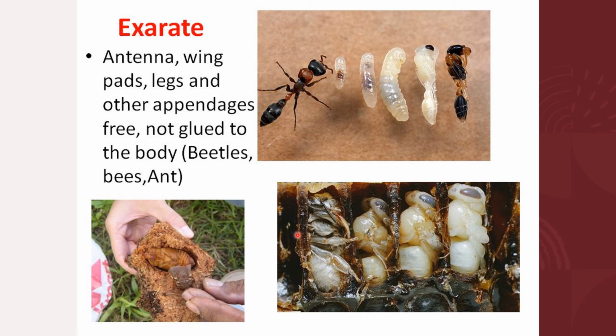All the oligopod larvae will turn into exarate pupae, and the pupa of this particular type of insects are considered to be soft and pale. So the diagram shows the pupa of the ants. We also have here the pupa of the bees.